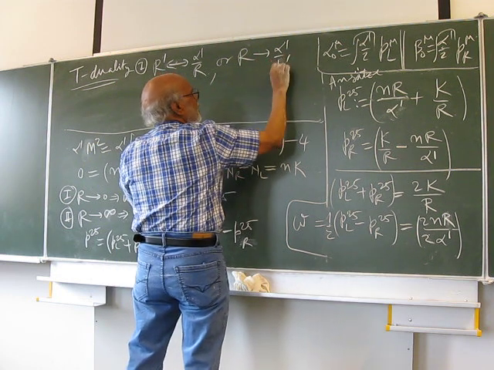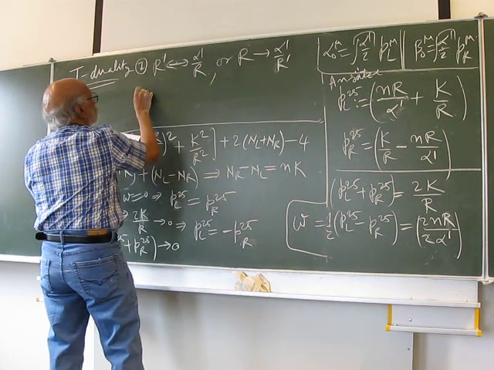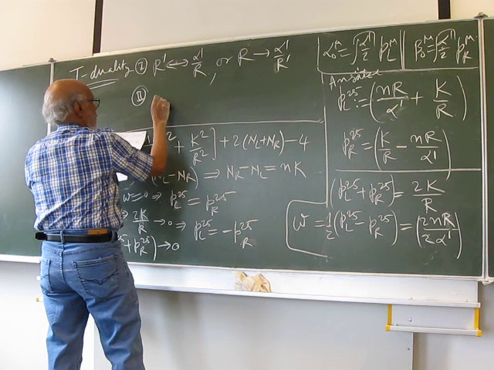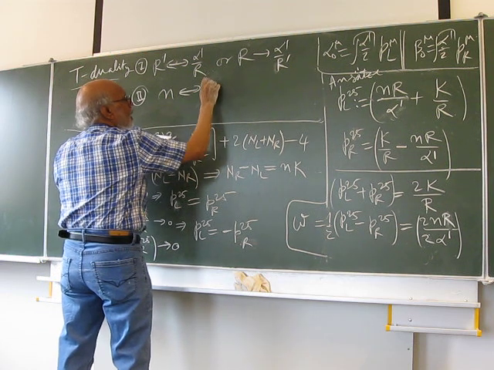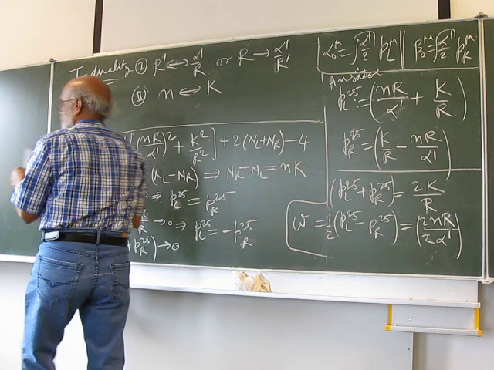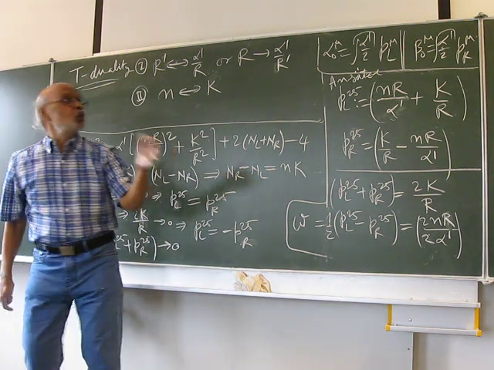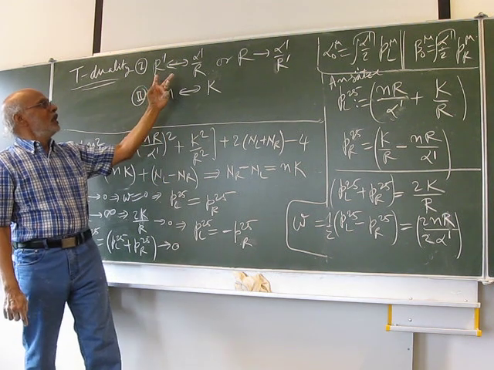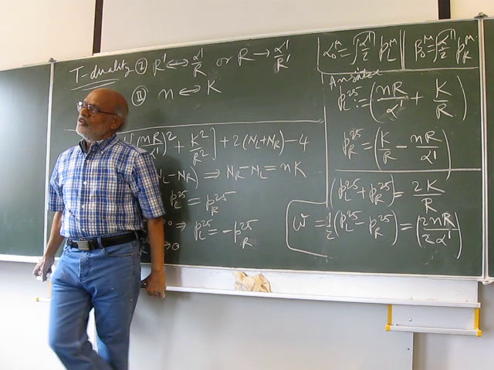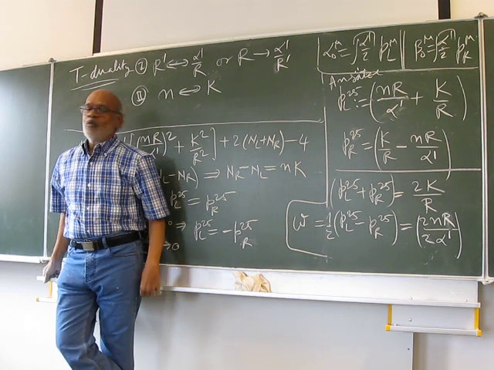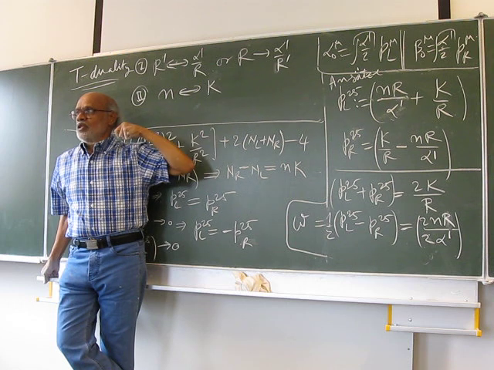which is the same thing, and two, K and n exchanged. So these two transformations together, given by this and this, they would transform or exchange my two theories.